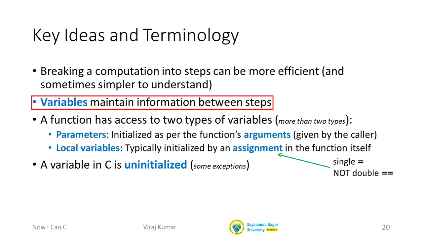The other thing that is very important to remember is that by default, variables in C don't have any fixed initial value. They're uninitialized. Now, again, there are some exceptions to this that we will ignore for now.